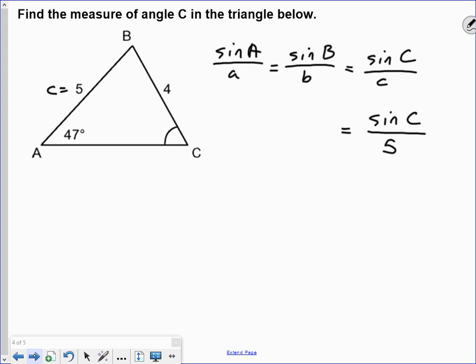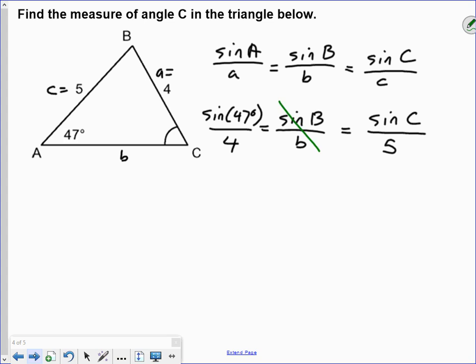B, my goodness, we don't know angle B and we don't know side B, so we're just going to have to leave this as sine B and just B. And then for A, we know that side A, this was side B, side A here is 4, and angle A, sine 47 degrees.